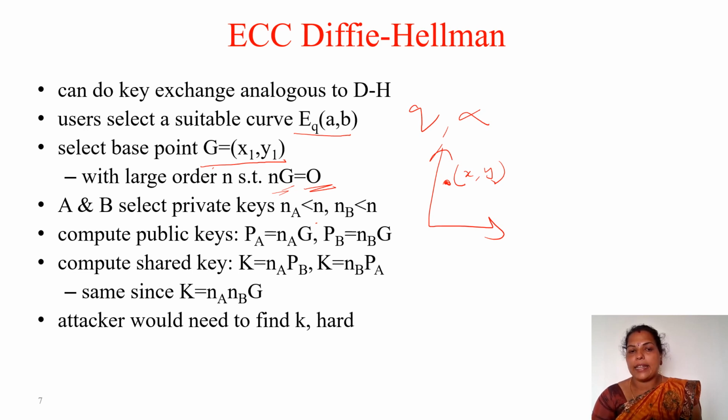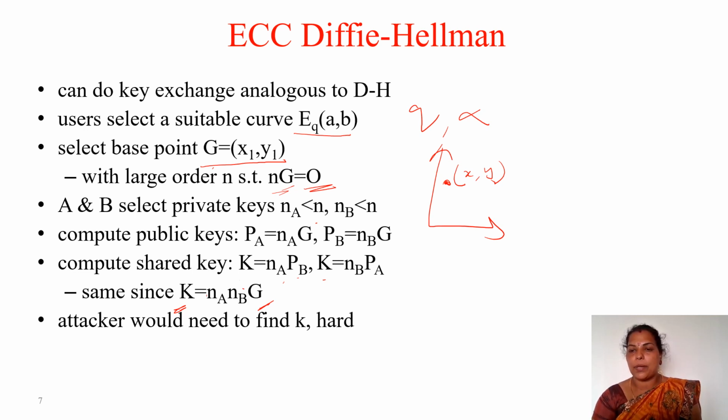Then they are computing the shared key, that is K equal to nA PB. Then on this side K equal to nB PA. Using the public key of the other party, they are generating the key. So finally they are getting the same value for the key, that is K equal to nA nB into G. The attacker would need to find K, and it is very difficult.